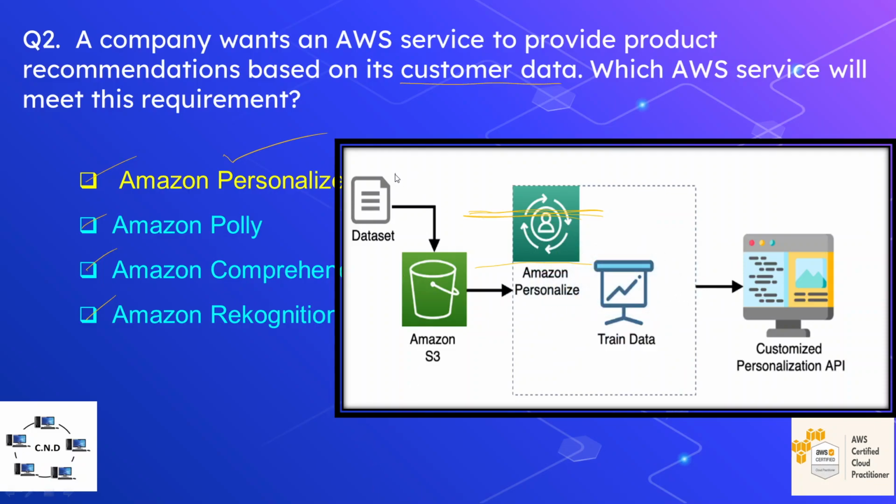You have the data set, and let's suppose it is stored inside your Amazon S3 storage. Using this data, the Amazon Personalize machine learning algorithm is trained on this data, and then it can give you customized recommendation or personalization API.